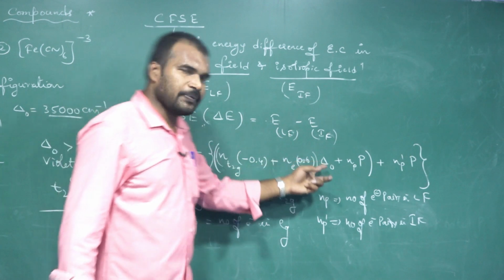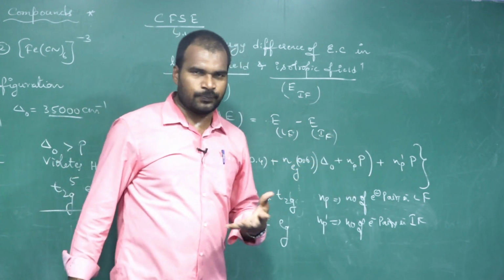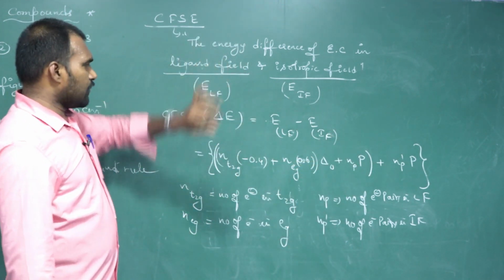Del O is the splitting energy, and P is the pairing energy. So this is about crystal field stabilization energy.